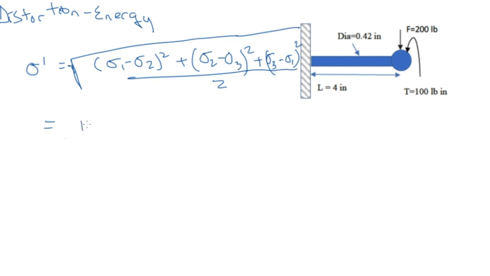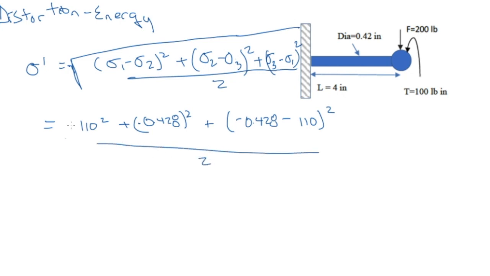We have 110 squared plus 0.428, minus sign there, square it, square root, and that gives us 110.63 KSI.